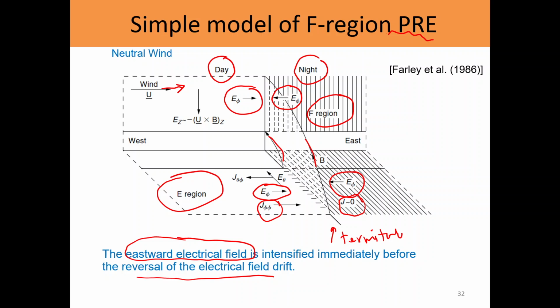Yeah, because especially during the daytime, the particles are ionized, but during the night, at the equator there is a high density of ionized particles, so at night time the recombination rate will be fast.